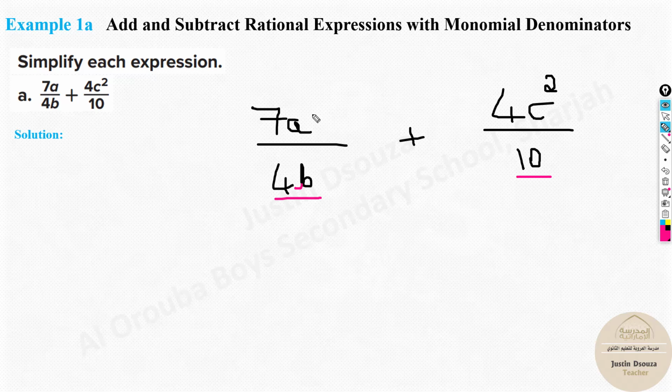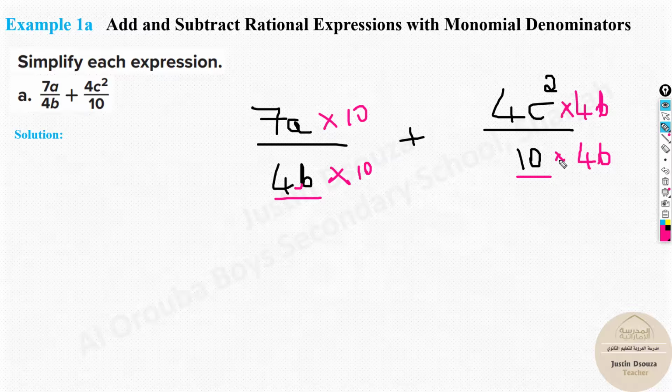So this denominator, 10, will be multiplied up over here, and down to the denominator. Now the left side denominator goes to the right side, so 4b is multiplied here as well. So here you can see 4b times 10 and 10 times 4b. That means our denominator is the same.